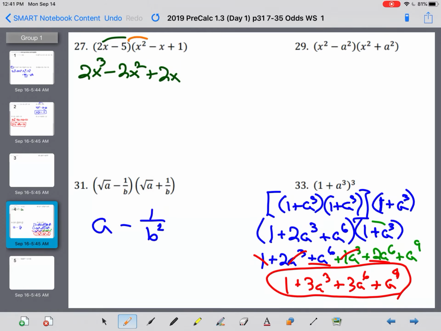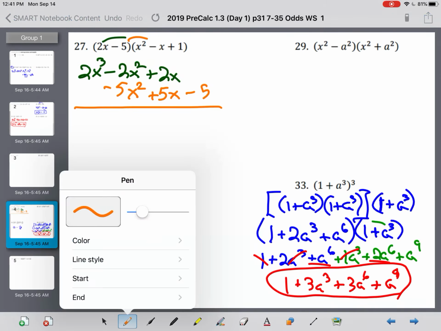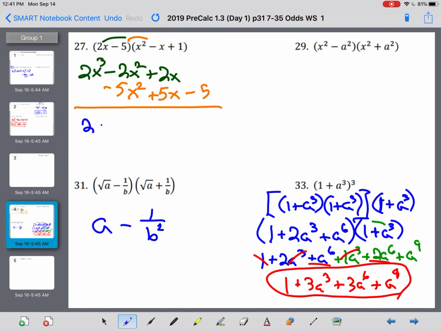When I run the 5 through, I get minus 5x squared plus 5x, and then minus 5. Now I like to stagger them like this. That makes it easy for me to add them up. So I get a 2x cubed, a minus 7x squared, a plus 7x, and a minus 5.